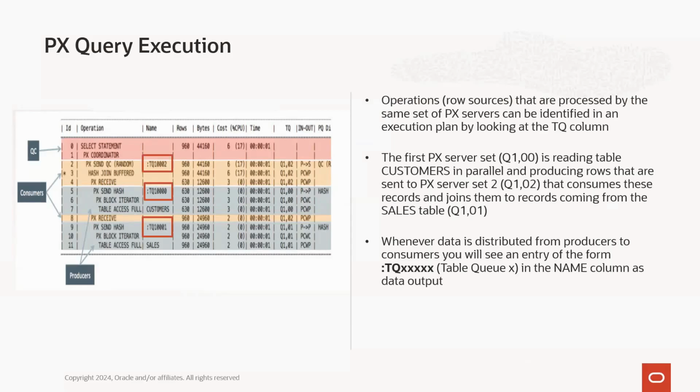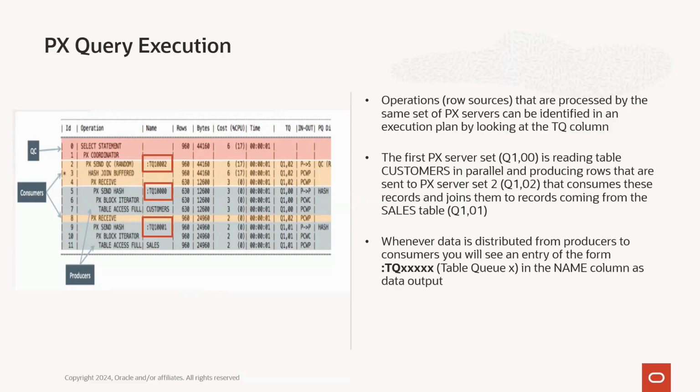The first PX server set, Q100, is reading the customer table in parallel and producing the rows that are sent to another set, Q102, which consumes these records and joins them to records coming from the sales table. The customer and sales table results were put together, meaning joined in this case.